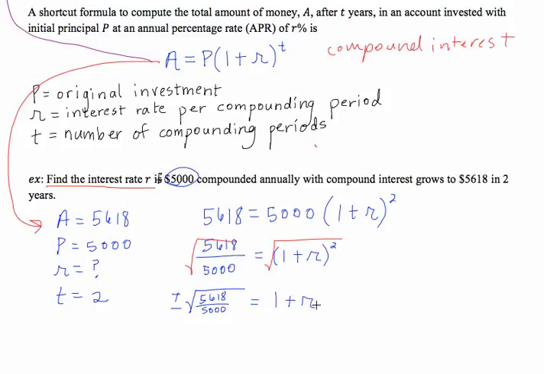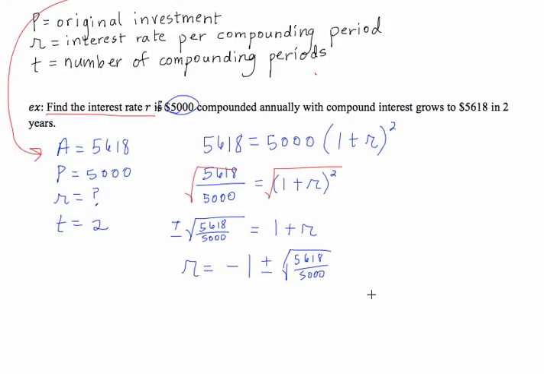And on the right the square root and square cancel to give us just 1 plus R. So to solve for R, all we need to do is subtract 1 from both sides. Reversing the order here, we get R equals -1 plus or minus the square root of 5618 over 5,000. And now this is where you would round, in your last step. You would round this because it is an applied problem. It wouldn't make any sense to give that as an interest rate to anyone.